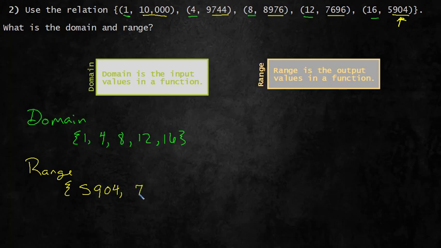Then our next highest was 7,696. Then our next highest was 8,976. Then our next was 9,744. Then our highest was at 10,000 when we jumped out of that plane.